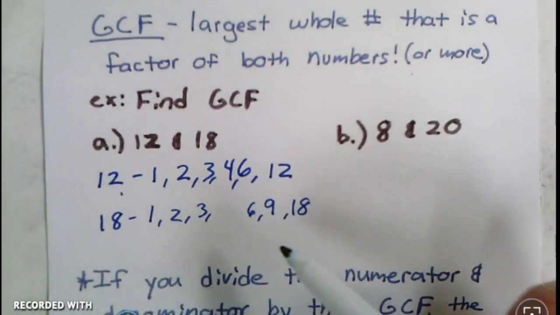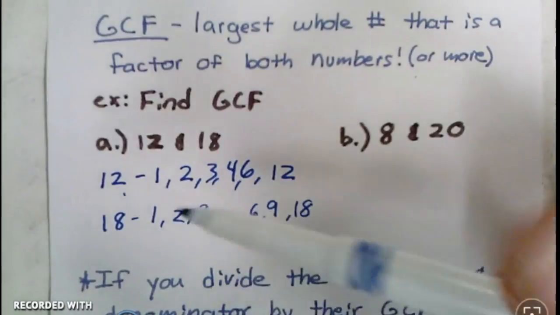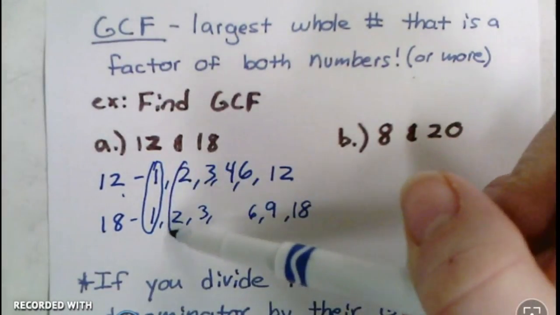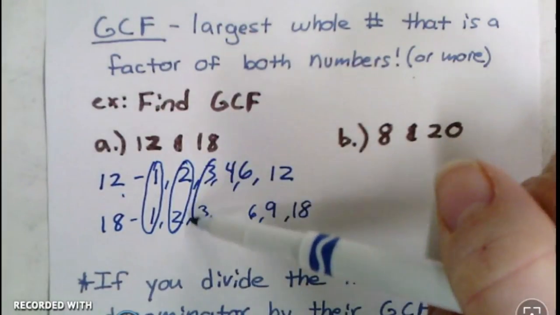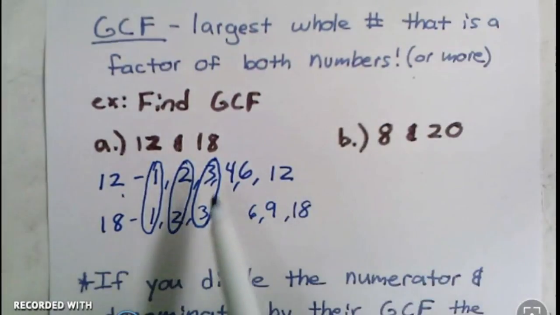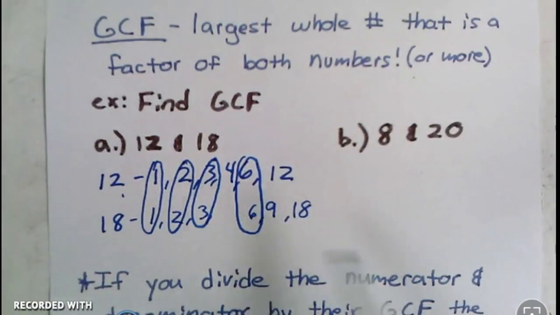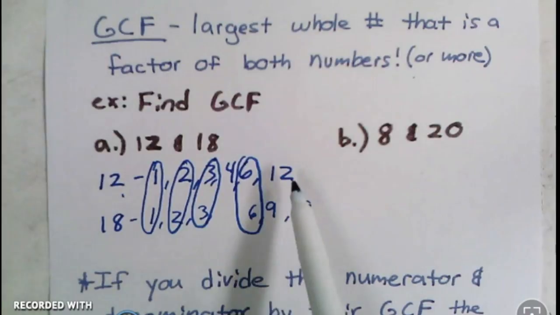And now my next step is to look for the ones they have in common. So they have 1 in common, they have 2 in common, they have 3 in common, they don't have 4, they have 6 in common. They don't have 9, they don't have 18 or 12.